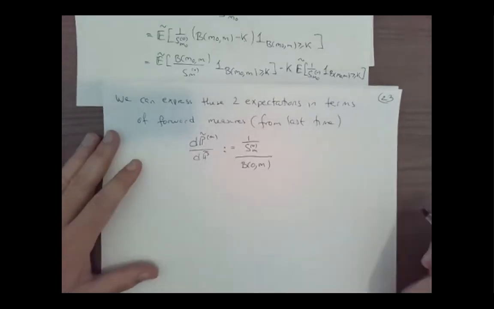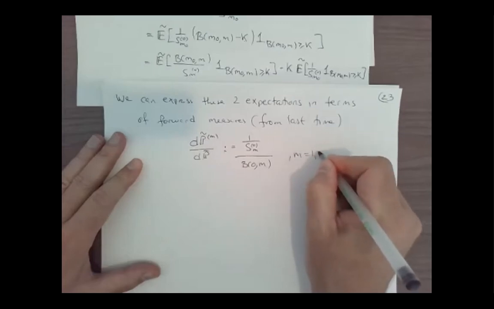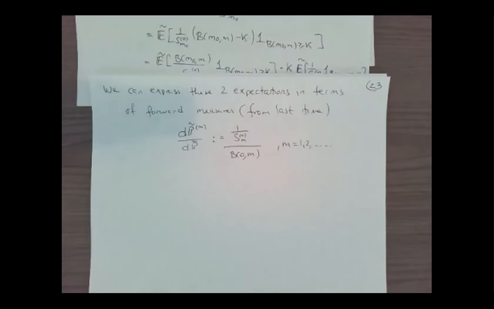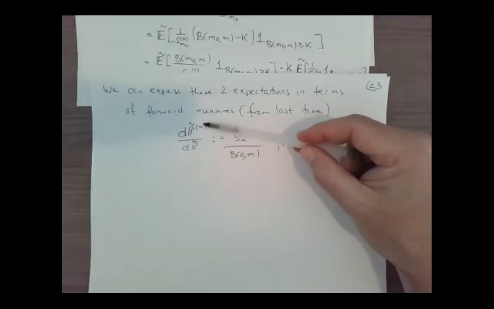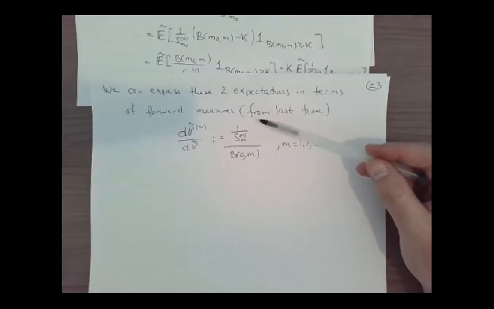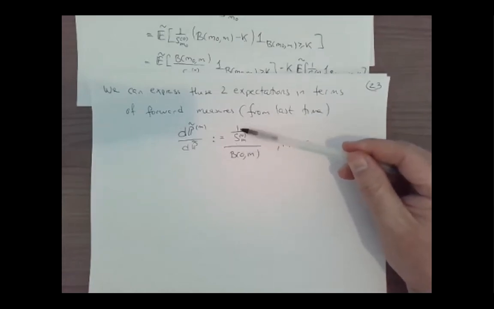So here we have the Radon-Nikodym derivative. This is for M equal 1, 2, and so on. And these are the forward measures. Right, and this was when we were talking about the difference between forward and futures. Well, you see if the Radon-Nikodym derivative is equal to 1, when does that happen? Well, for example, if the interest rate is deterministic, because what you have down here is exactly the expectation of what you have up here.